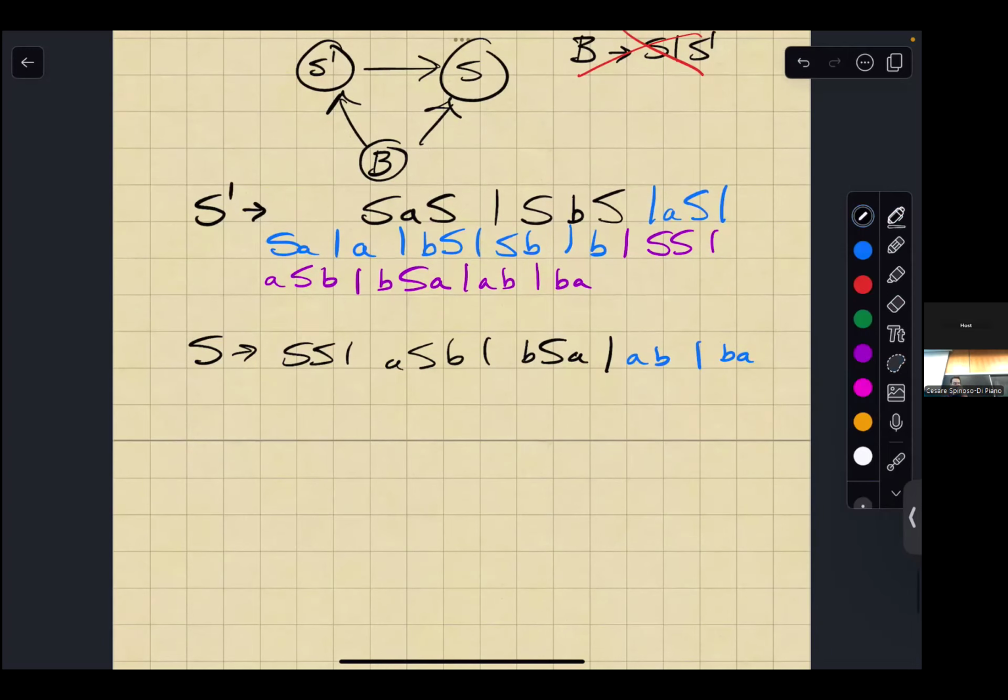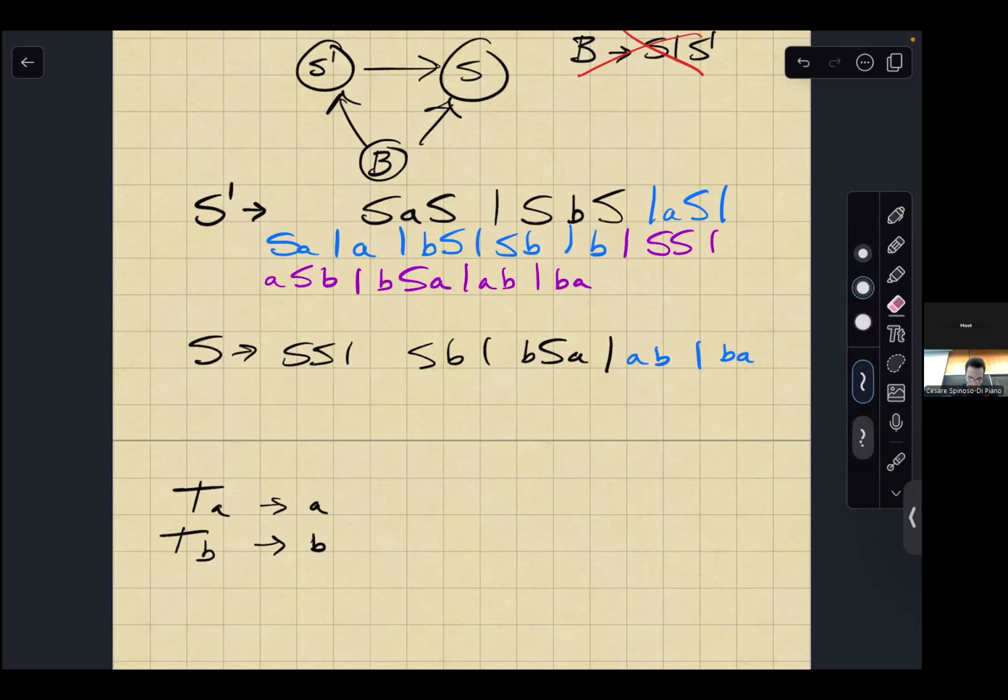Because remember, in Chomsky normal form, I have the variable and the terminal, or the variable and then two variables, right? So the first thing I need to do is add terminal production rules, TA and TB. So TA derives A and TB derives B. And then I have to replace all of these where I see an A.